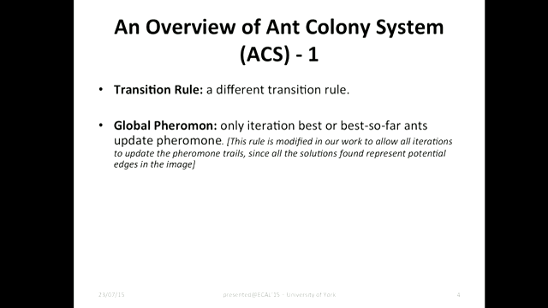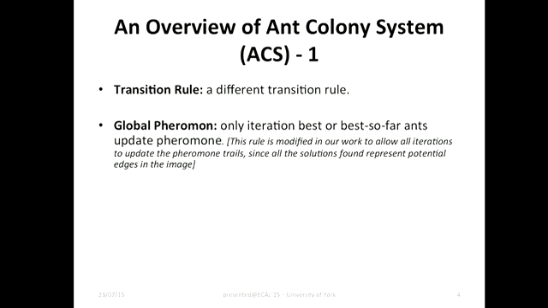In ACS, this is done just to reward the best-so-far solution or the best solution found in the previous iteration. We have modified this rule in our paper to actually reward each solution found in the previous iteration, simply because it may represent a potential edge which we want to detect in our image.